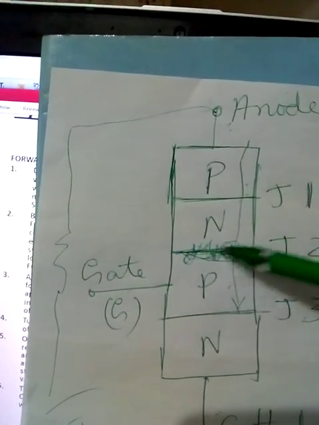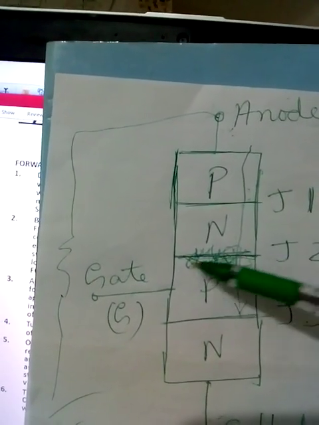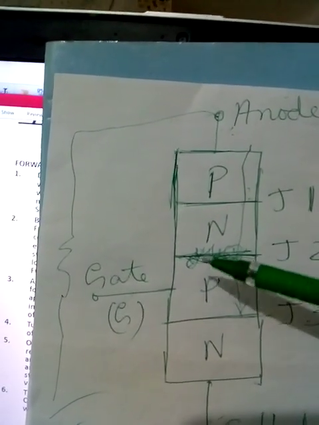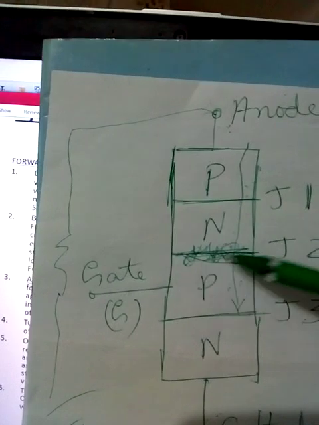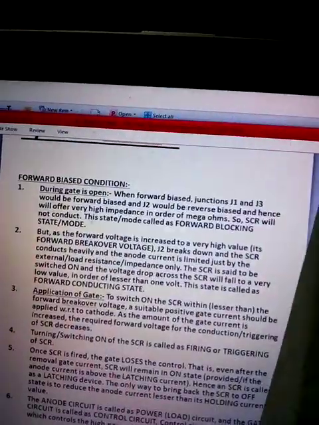So this junction offers high impedance. In other words, it blocks the voltage. So this is called forward blocking voltage. A very small current, which is called the leakage current, only will flow.